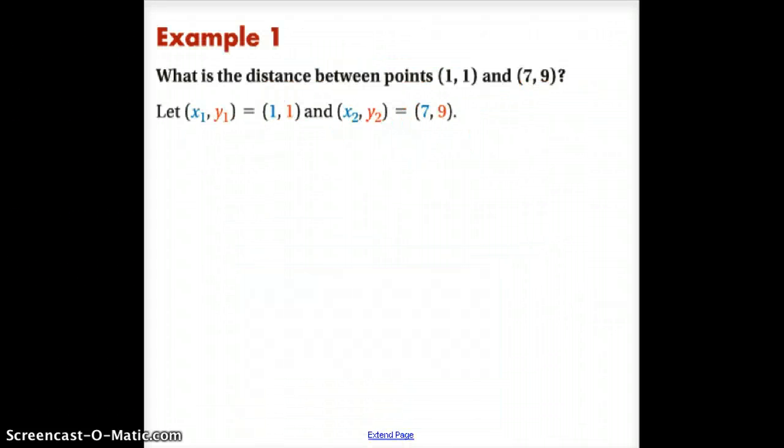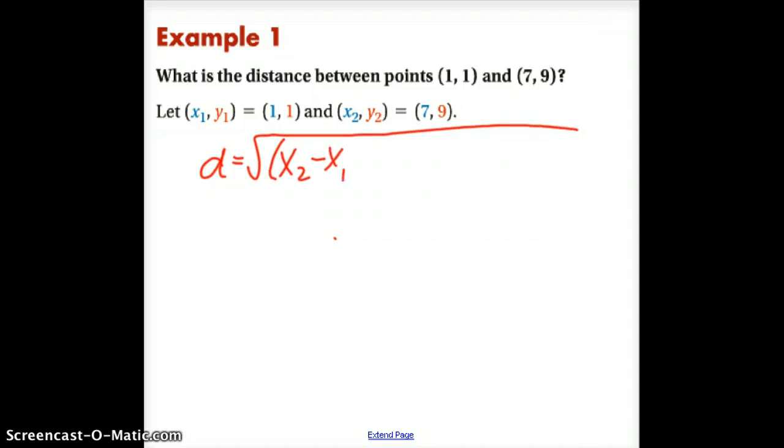So let's do an example. What is the distance between (1, 1) and (7, 9)? Now I don't even need to graph these. Using our distance formula, the more you write it, the better you remember. We can find the distance.